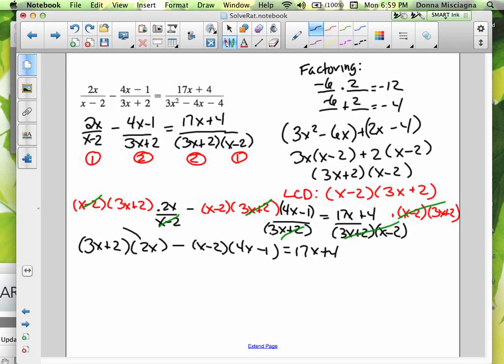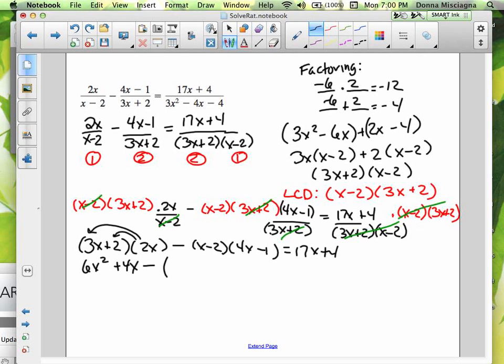So I'm just going to have to multiply the 2x times the 3x and the 2. So that's going to give us 6x squared plus 4x. I'm going to deal with that minus sign in a moment. Let's just multiply first. I'm going to put parentheses, because I'm going to have to distribute that negative sign. I'm not just subtracting one term, I'm subtracting all of 4x minus 1.